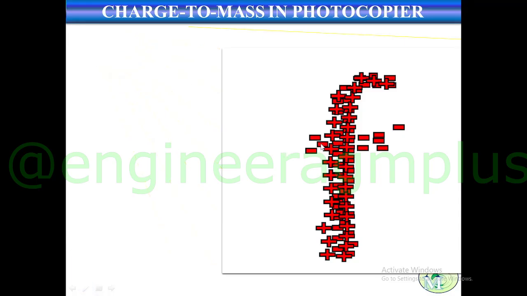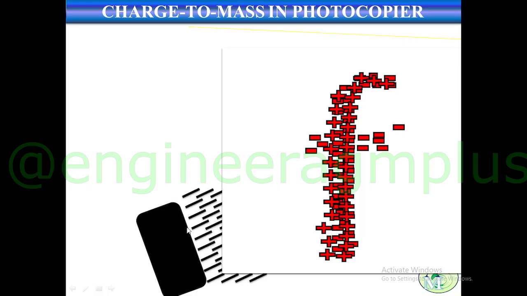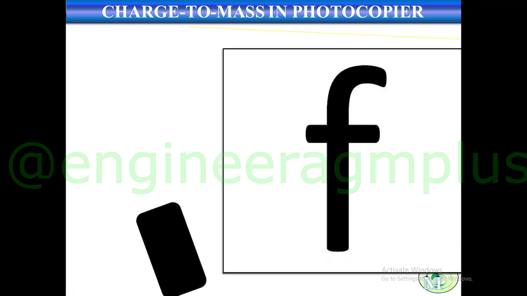Afterwards, we have the toner that is negatively charged. Due to the Q per M, that is the charge per mass ratio, it transfers the electrons towards it for attraction, until it becomes like this.